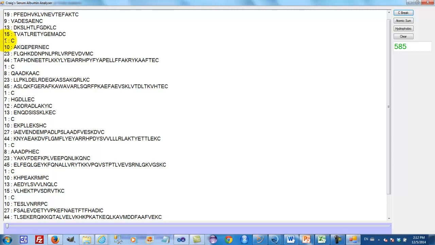In the software, I also counted the number of amino acids in each line, and you can see the length of each line listed down this side here.